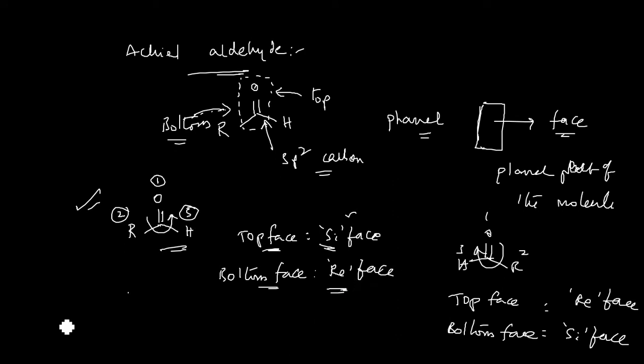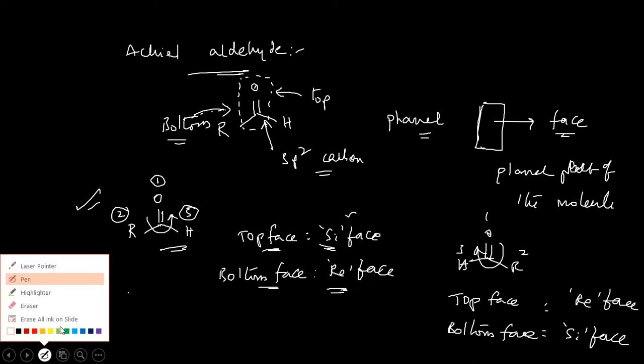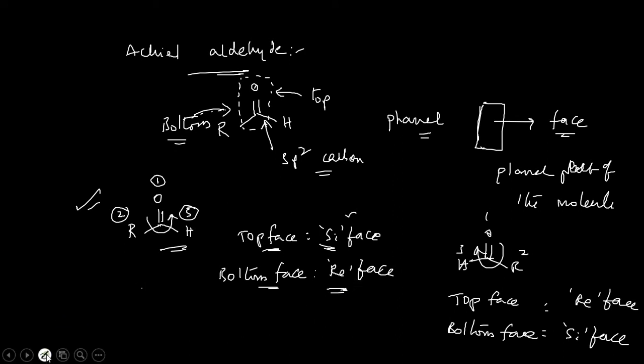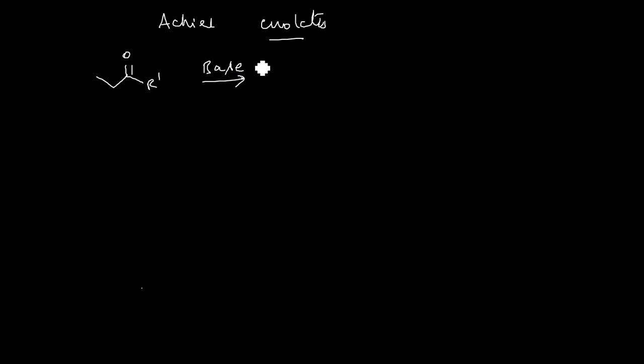Now go to another substrate, that is the achiral enolate. Since the other substrate is a ketone, you have to generate the enolate. Now treat this one with a strong base.